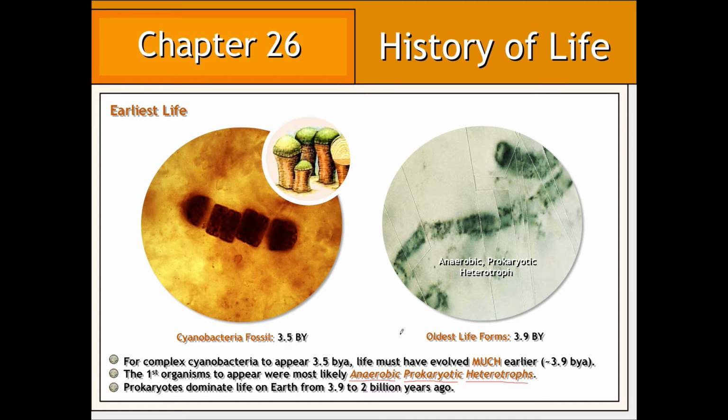They evolved before photosynthesis. So it's very important to remember, and we must stress, that the first organisms on this planet were anaerobic, prokaryotic heterotrophs. And these life forms dominated the planet for roughly 2 billion years.